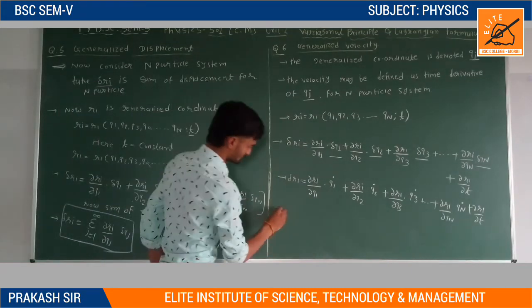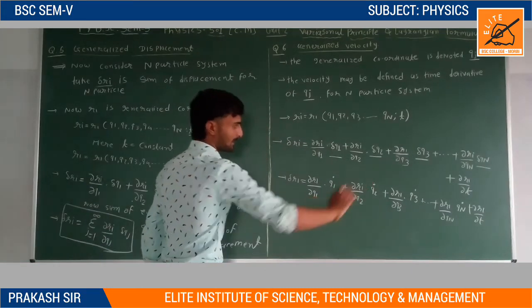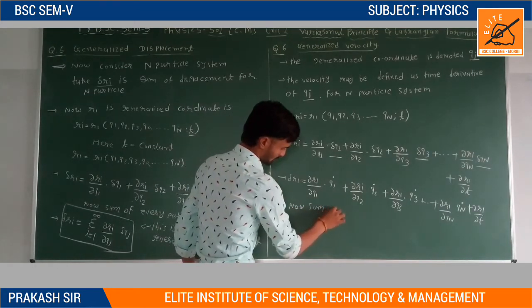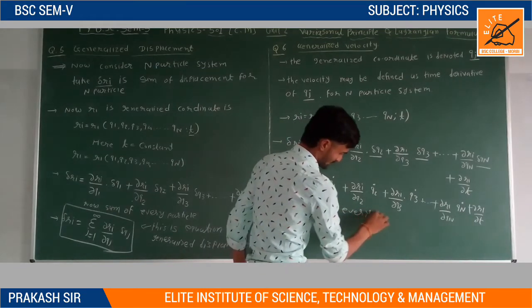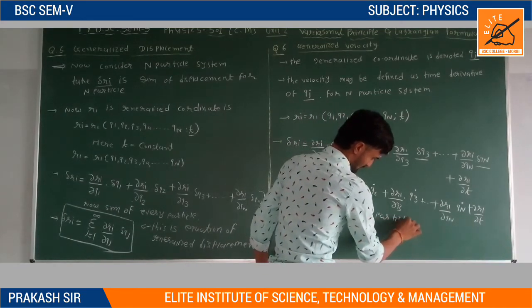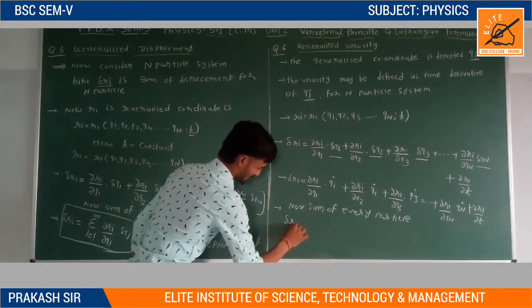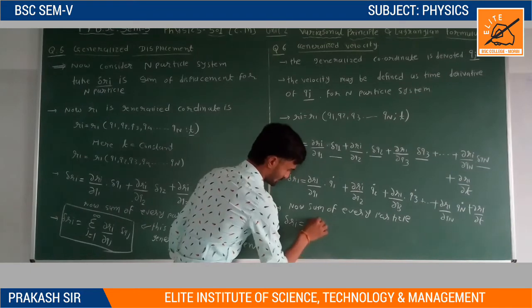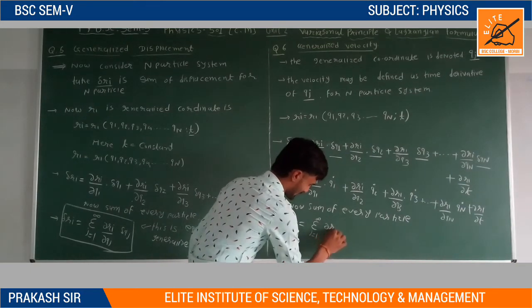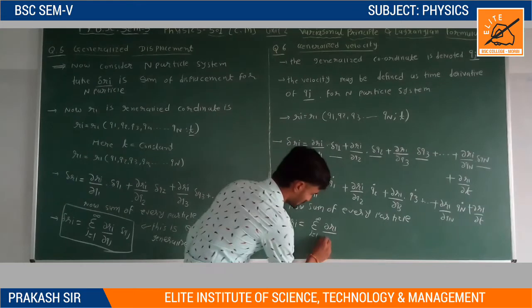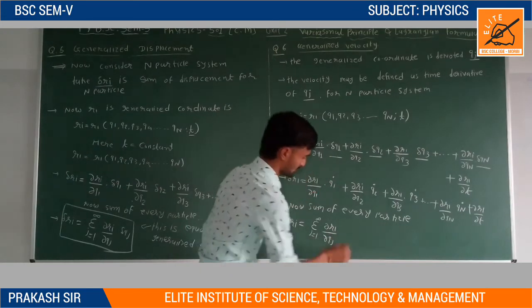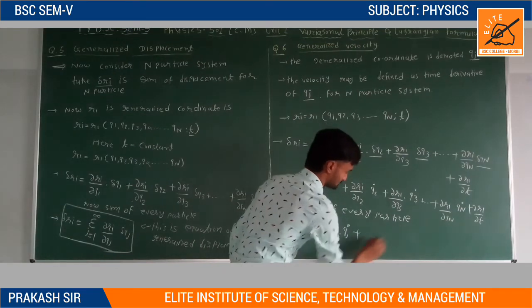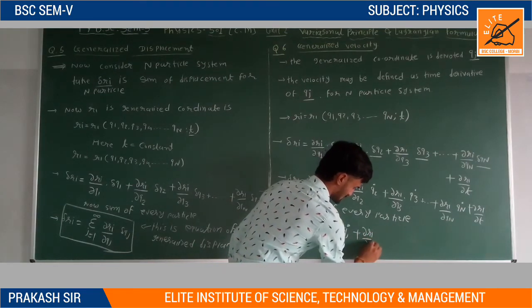Summation over every particle. So, delta Ri is equal to the sum from j equals 1 to n of del Ri by del qj into qj dot, plus the last term del Ri upon del t.